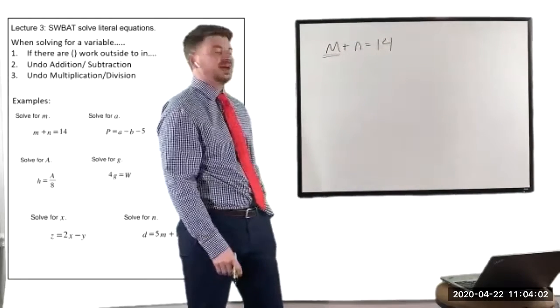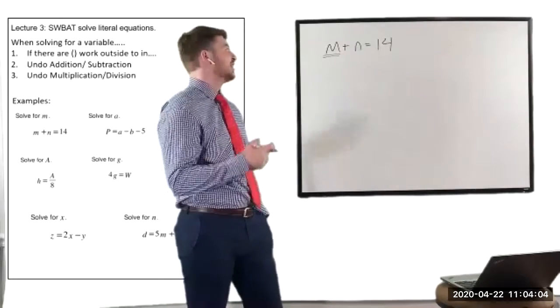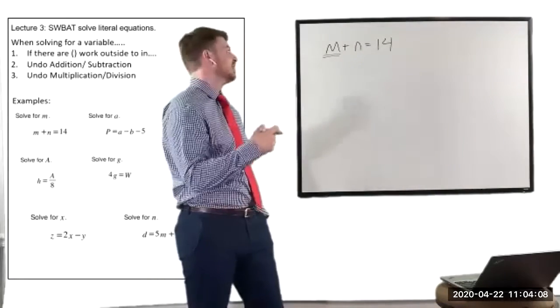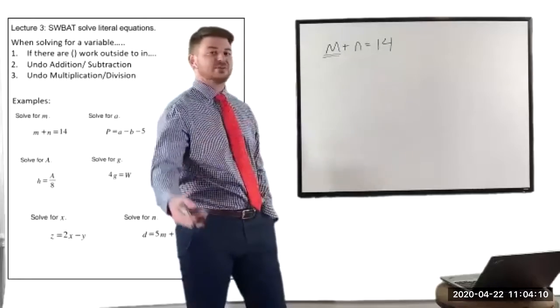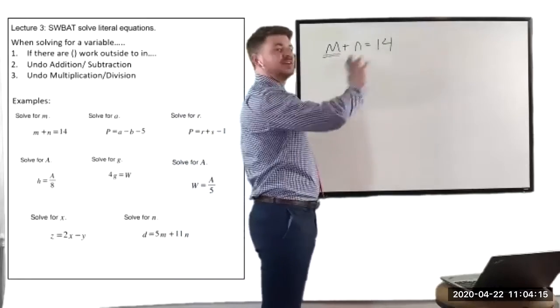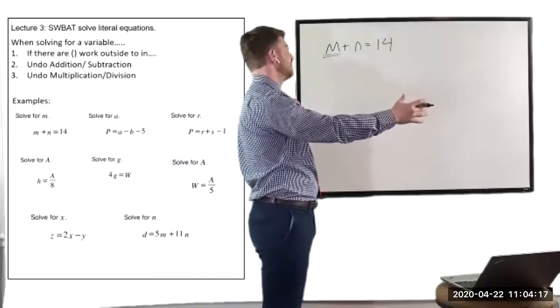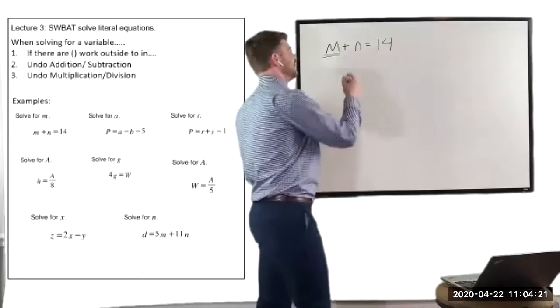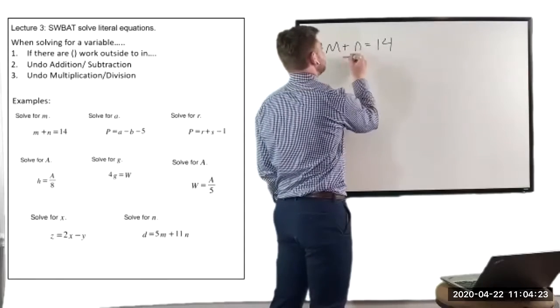Now, like I said, because we're solving these literal equations, we're not just going to get a number, okay? So it's not just a number as an answer. It's going to be a number plus a variable, or a number minus a variable. So if we're solving for m, we're going to undo everything that's being done to m. So if we're adding an n, remember from inverse operations, the inverse of addition is subtraction.